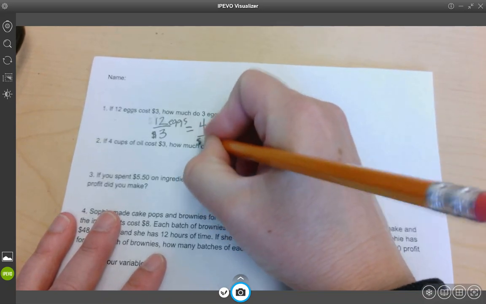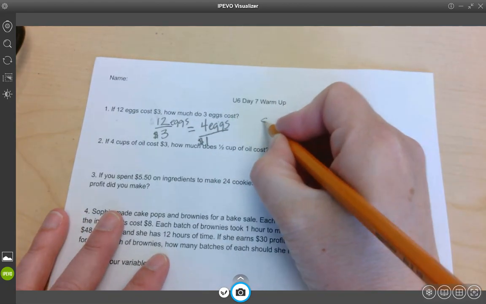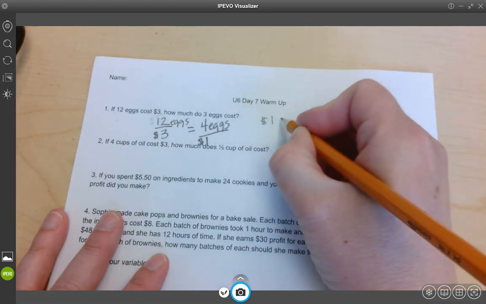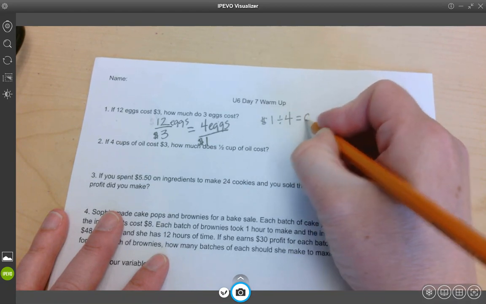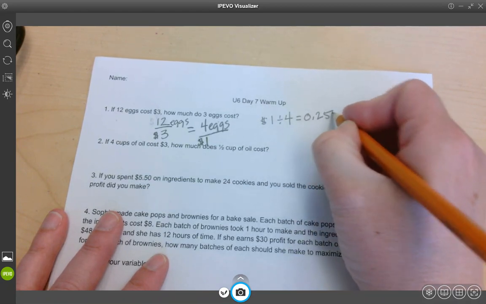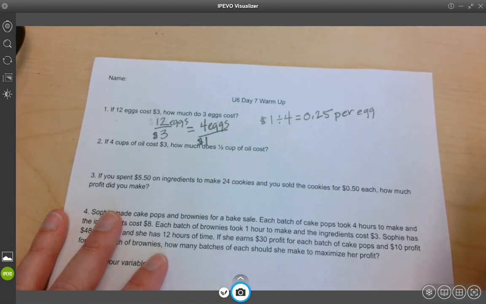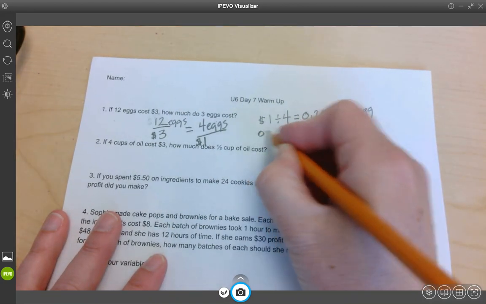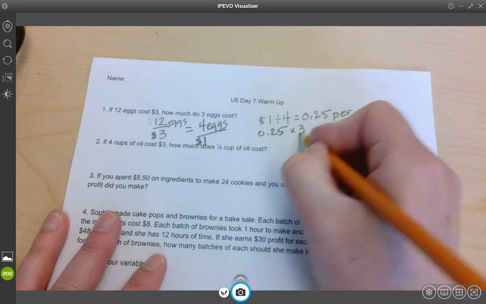Yeah, and I divided it by 4, and each egg cost 25 cents. And then you did $1 divided by 4, so you got 25 cents per egg. And multiply that by 3 to get how much 3 eggs would cost, which was 75 cents. Okay.